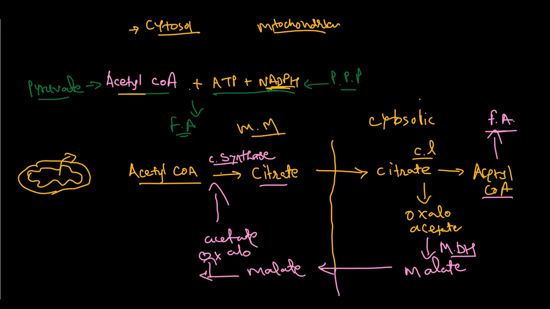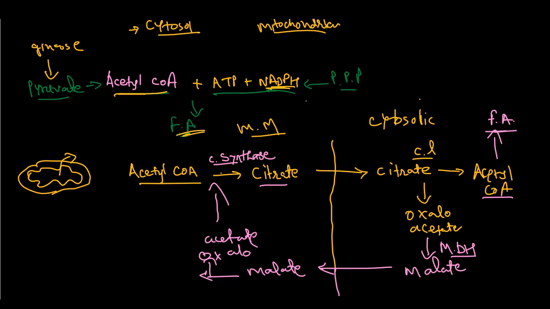The acetyl-CoA comes from the glycolytic pathway. From the glucose it is converted into pyruvate, and from this pyruvate acetyl-CoA is generated. This acetyl-CoA with the ATP and NADPH forms the fatty acid.